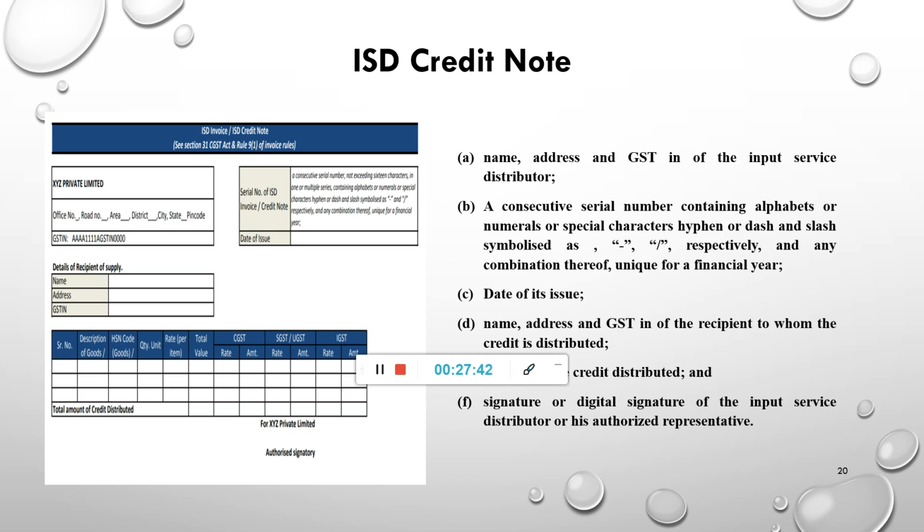Where the supplier of the taxable services is a banking company or a financial institution, including a non-banking financial company, the supplier shall issue a tax invoice or any other document in lieu thereof, by whatever name called, but it should contain a serial number, whether or not containing the address of the recipient of taxable services, and the information as prescribed under Rule 1 of the invoice rules.